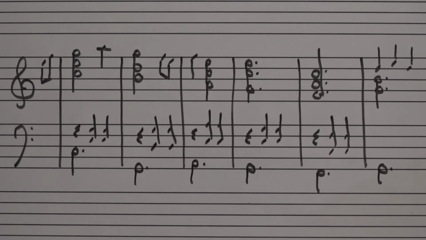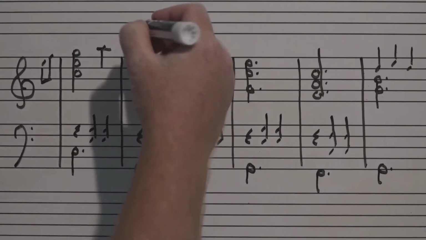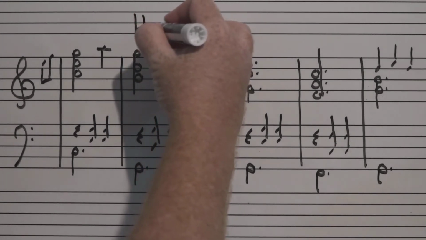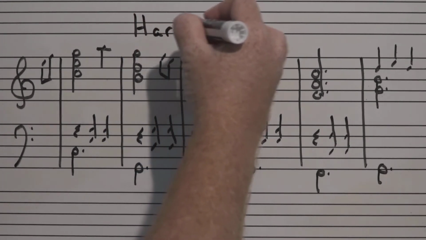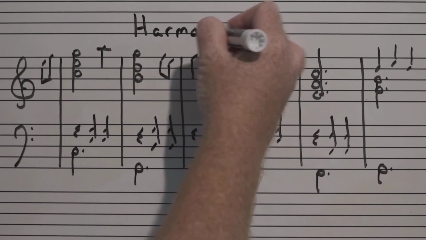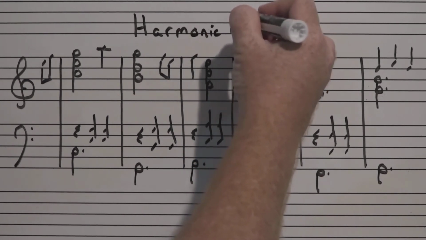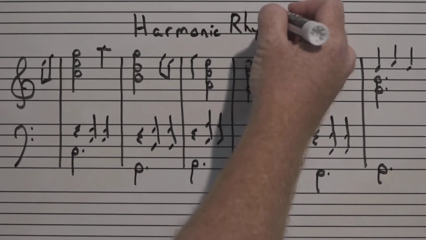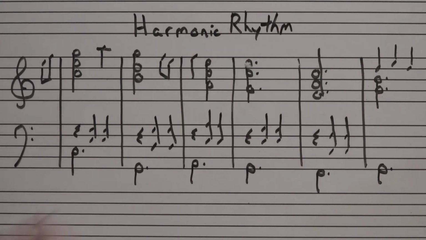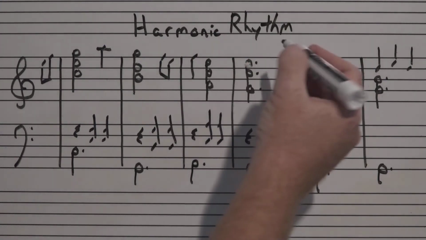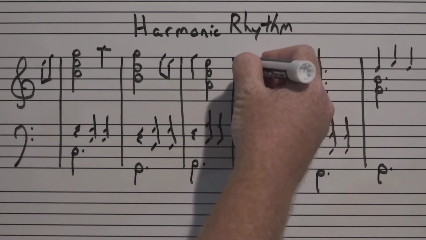The best indicator of where a triad is in music is something we call harmonic rhythm. And for this excerpt, it should be very clear what that harmonic rhythm is.